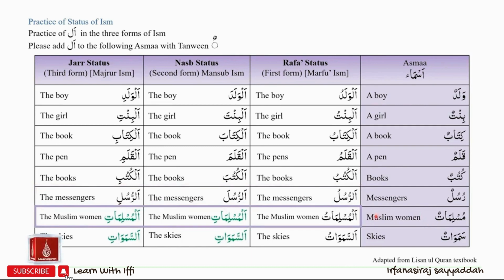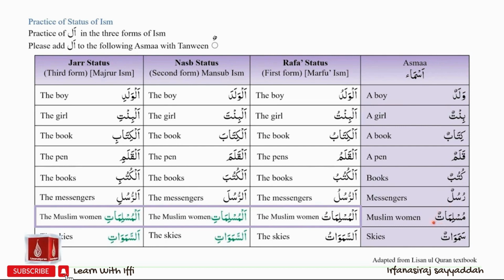Muslimatun, al-muslimatu, al-muslimati, al-muslimati. Please note that muslimatun represents feminine non-broken plural. And we know that the three forms of feminine non-broken plural will be on the pattern of atun and atin.